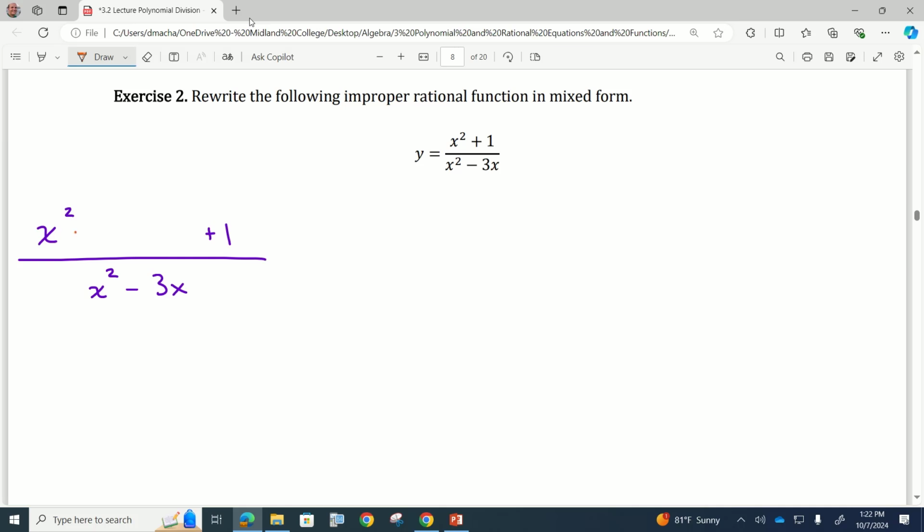I'm going to go ahead and do x squared minus 3x, because that way the first part of my numerator looks just like my denominator. But then in order to not change the value of this expression, I also have to add 3x. And that keeps everything fair and balanced here.